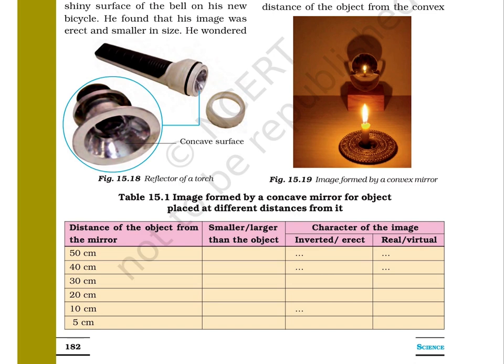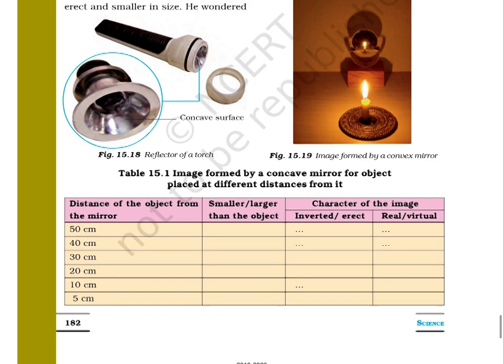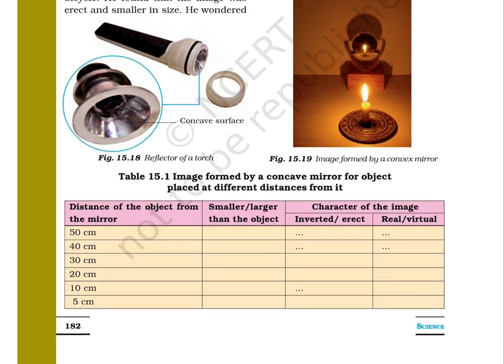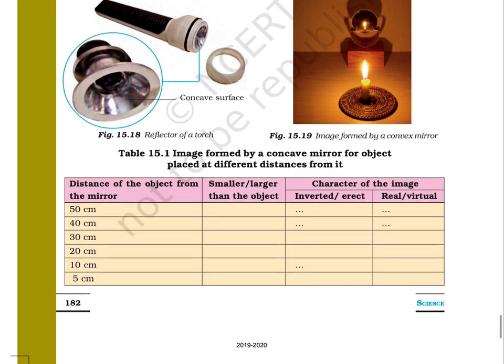Table 15.1. Image formed by a concave mirror for object placed at different distances from it. Here, we have a table with 3 columns and 6 rows. In the first column, we have the distance of the object from the mirror. In the second column, we have to tell whether the image is smaller or larger than the object.